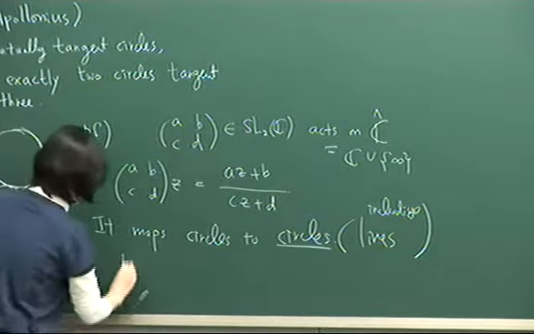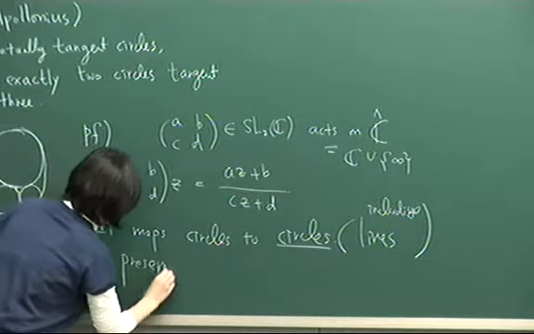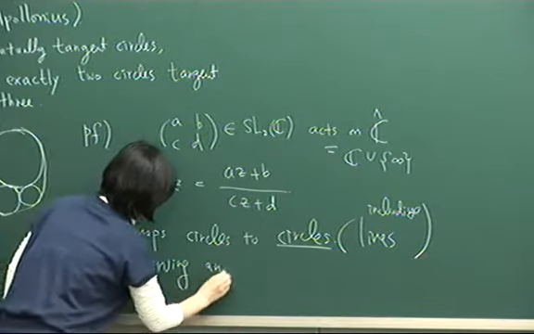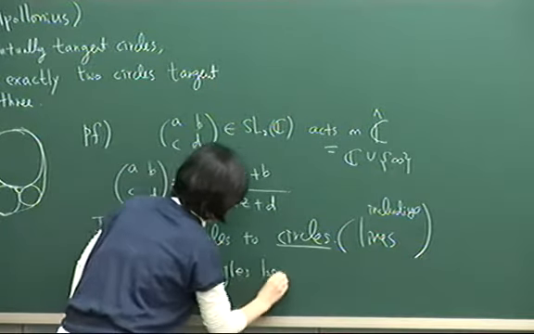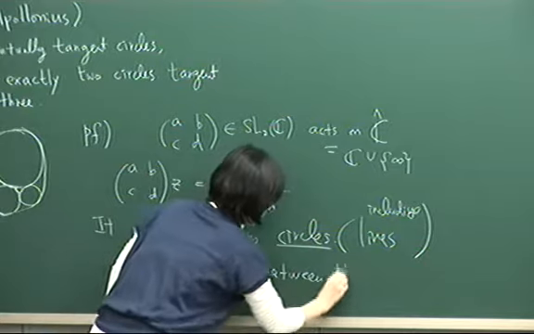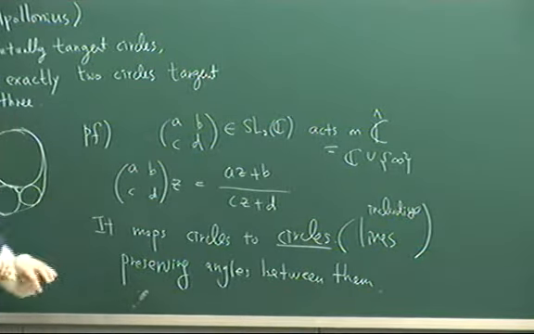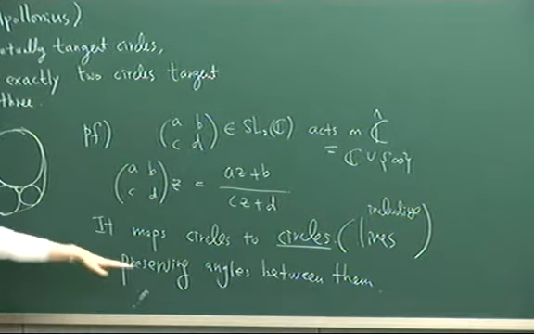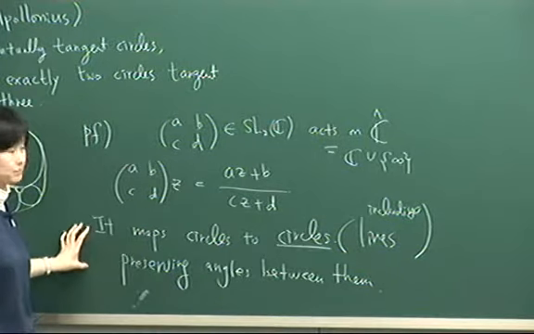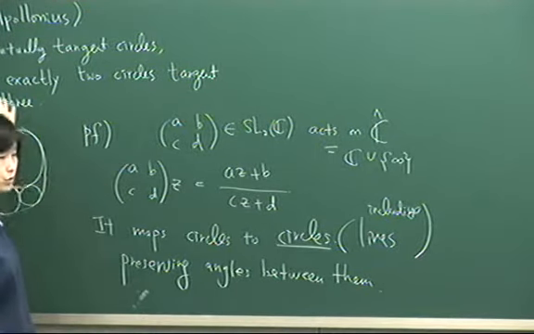And it also preserves angles, preserving angles between them. So for instance, if you have 2 tangent circles, then the image will be again 2 tangent circles because it has to preserve angles. Okay, so we'll use this property of Möbius transformations to prove this.